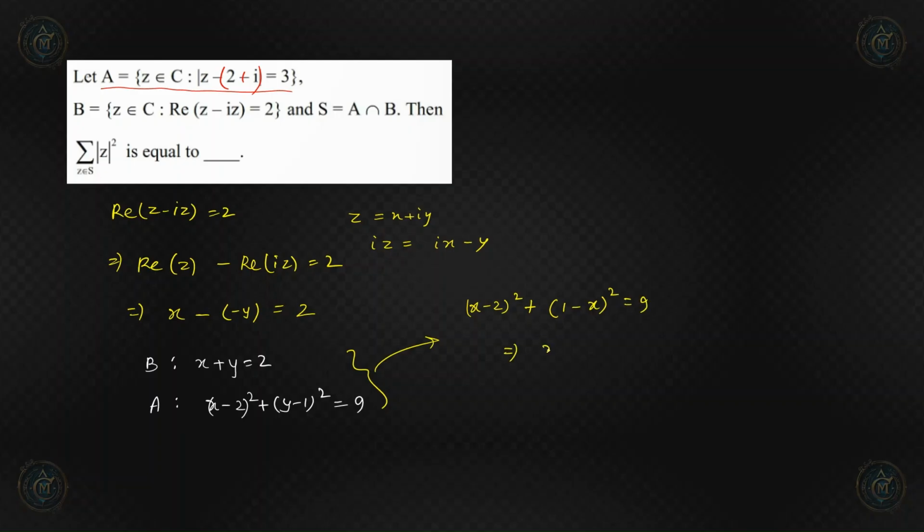So we get x square minus 4x plus 4 plus x square minus 2x plus 1 equal to 9. So 2x square minus 6x plus 5 minus 9, that is minus 4, equal to 0. That means x square minus 3x minus 2 equal to 0.